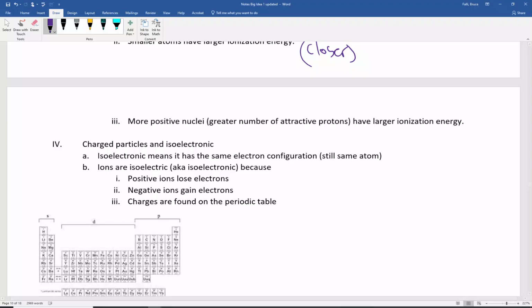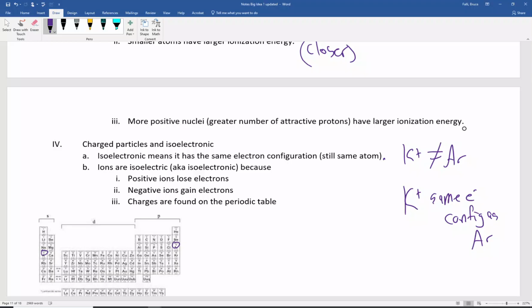Charged particles and isoelectronic. Isoelectronic means it has the same electron configuration, but it's still the same atom. We talked about this a little bit, how K positive is not argon, but it has the same electron configuration. K is 19, argon is 18, and that's why the +1 does that.